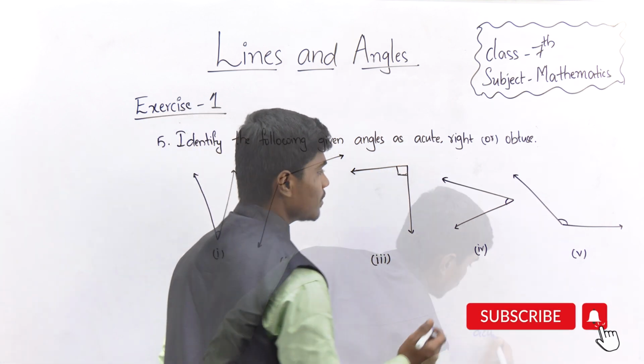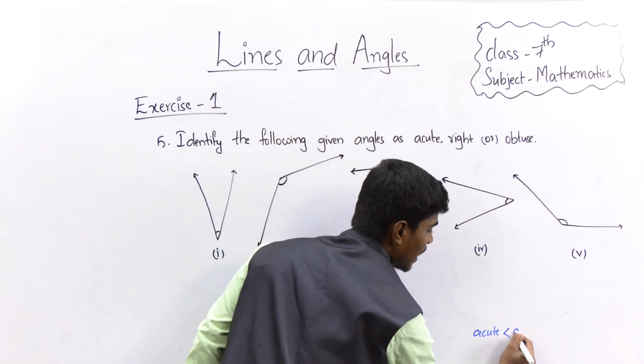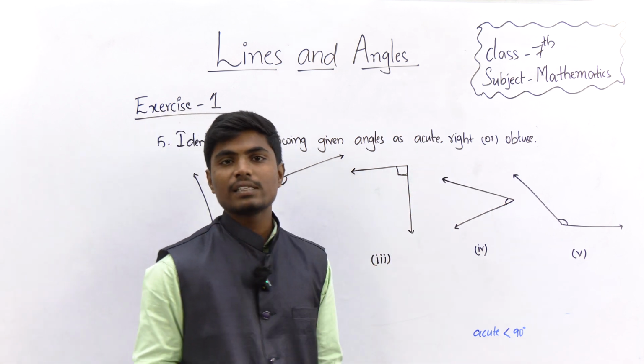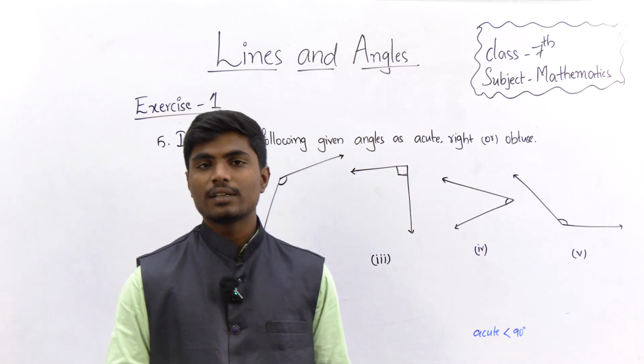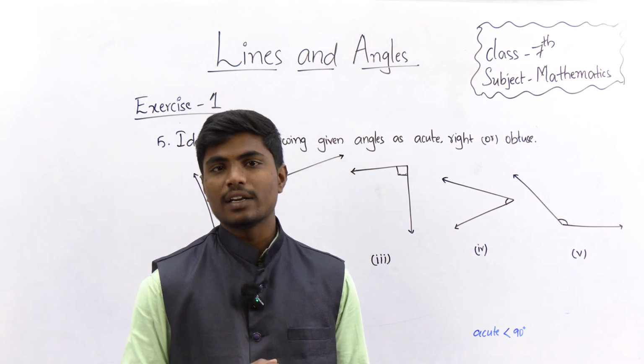Acute angle means the angle should be less than 90 degrees. And if the angle is equal to 90 degrees, then the angle is called a right angle. So a right angle is equal to 90 degrees.